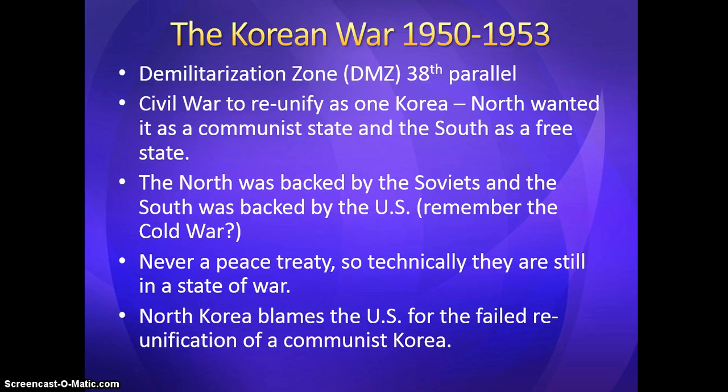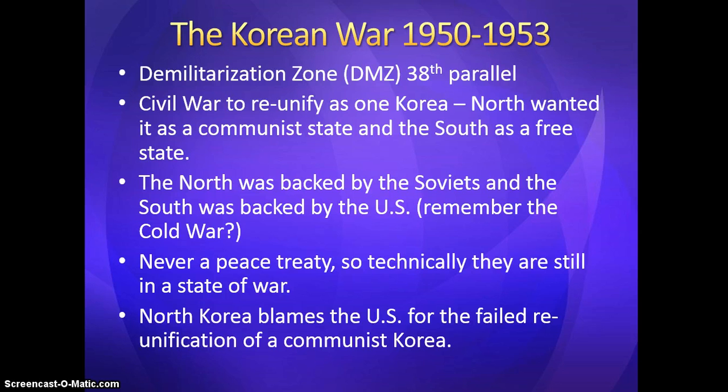So here we have a war called the Korean War that was fought to reunify Korea. That really never did. Is still kind of going on. There was never technically a peace treaty signed. And as the United States entered on the side of the South in order to prevent the domino theory of all these countries becoming communist, the United States effectively kind of prevented that from happening.